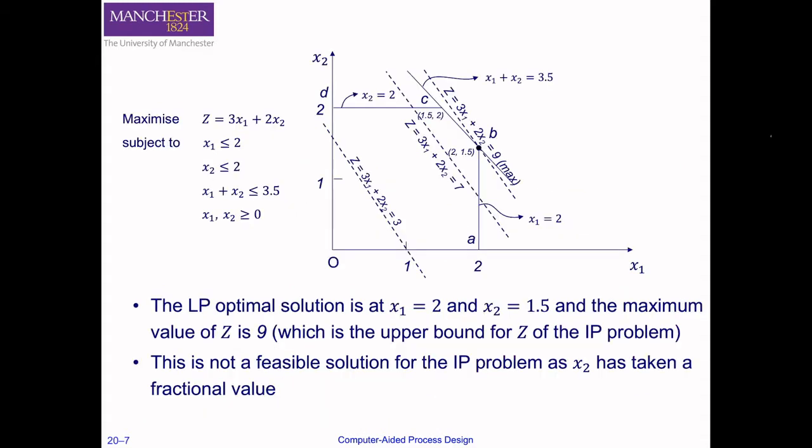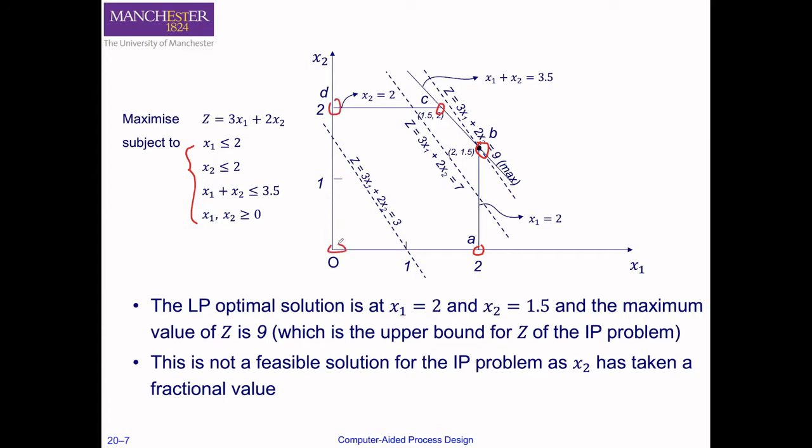We first draw the graph of the feasible region, which is constructed by these inequality constraints. The feasible region is in this pentagon A, B, C, E, O.